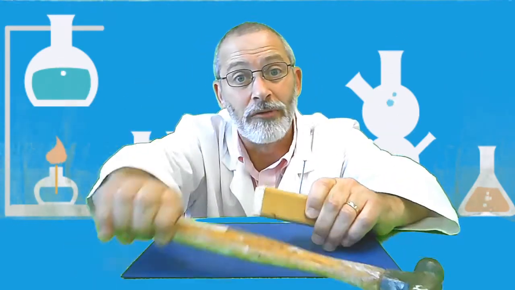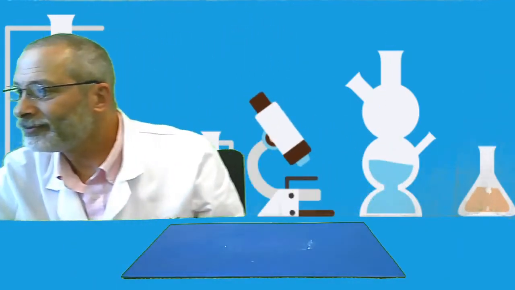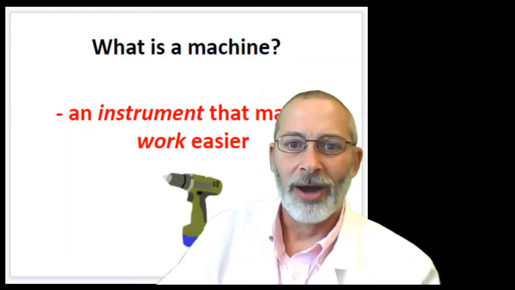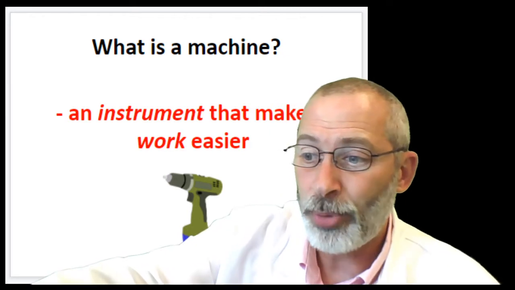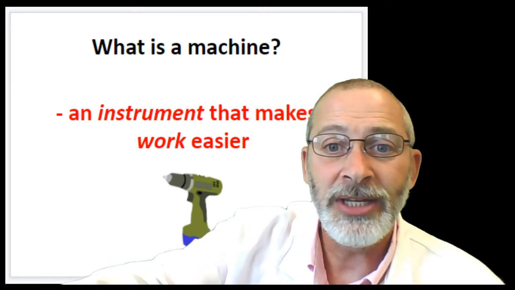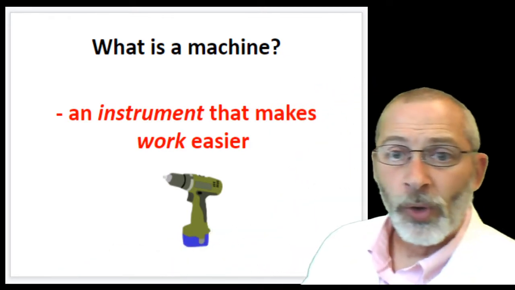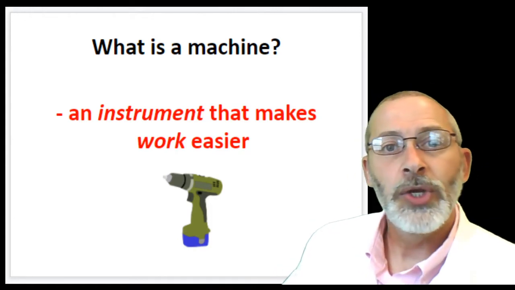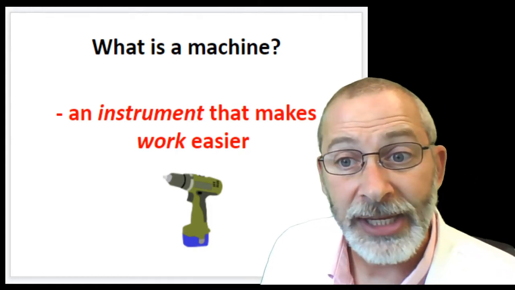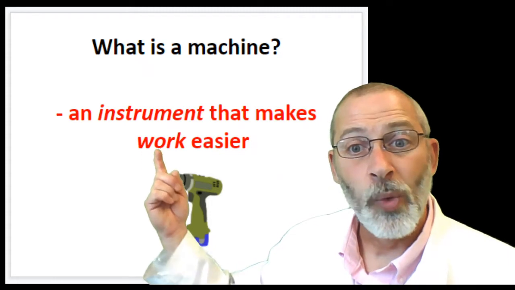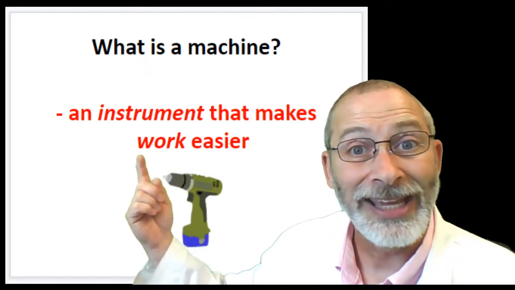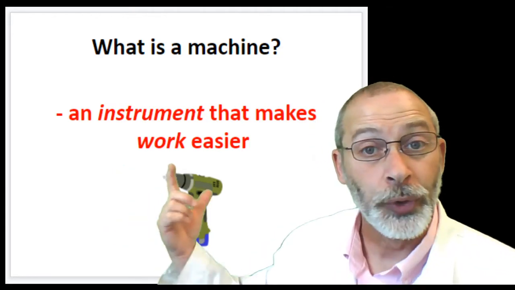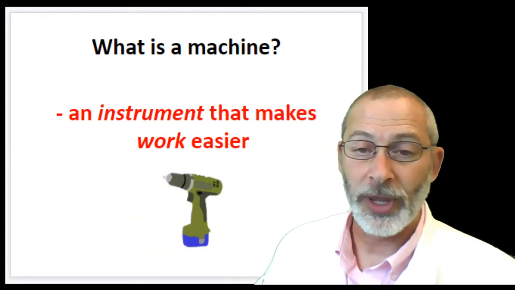So let's head back over to our notes now. All right, so a machine, what is it from a scientific point of view? A machine is an instrument or a tool that makes work easier. Again, remember, what is work? Applying a force over a distance, or through a distance, force through a distance.